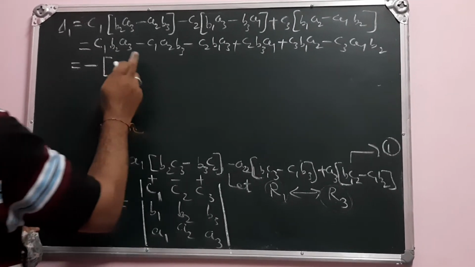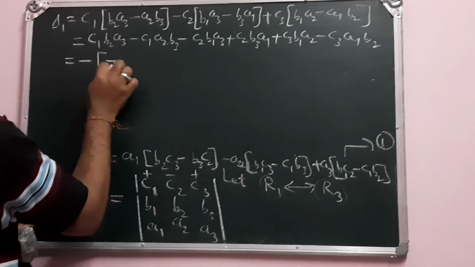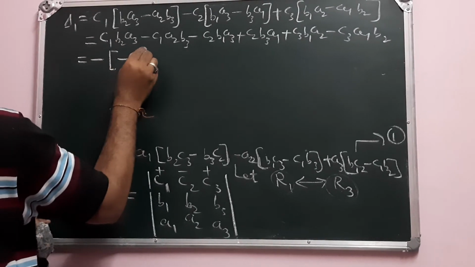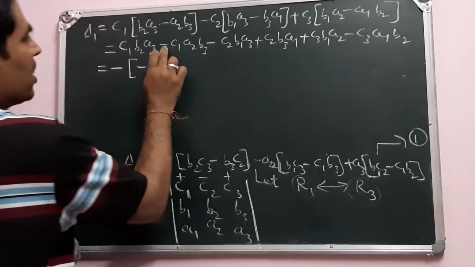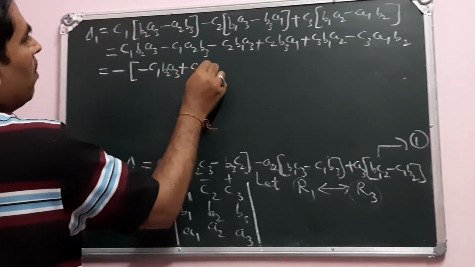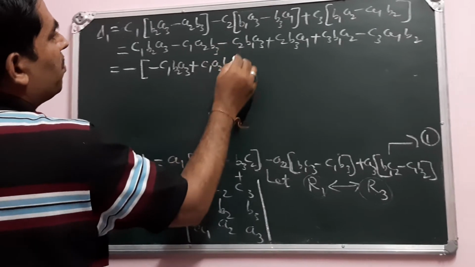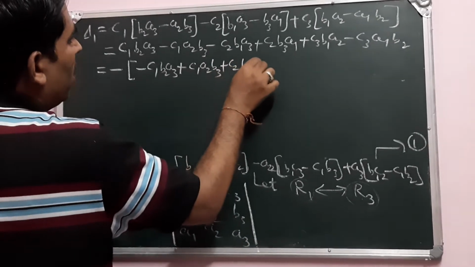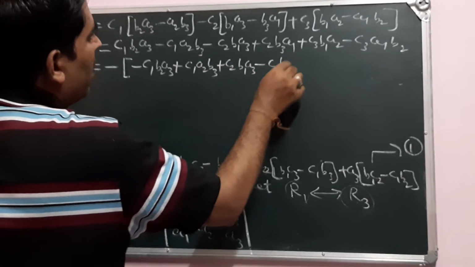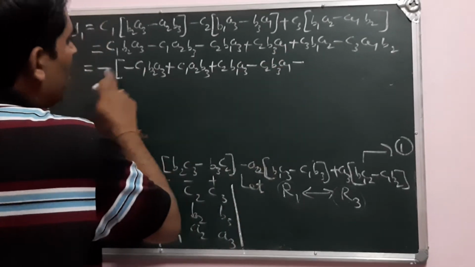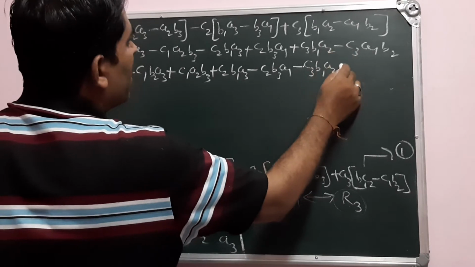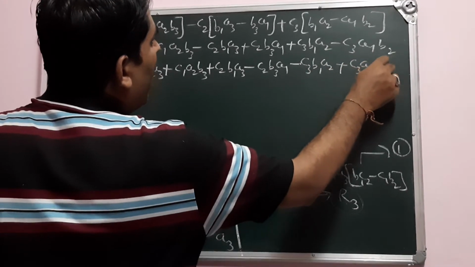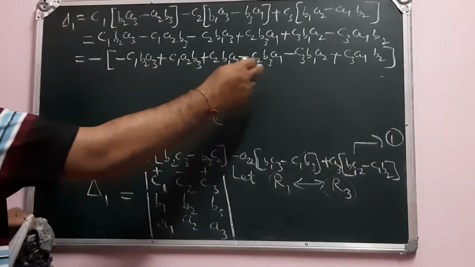Then what I will get is all the signs changed: minus becomes plus C1 A2 B3, plus C2 B1 A3, minus C2 B3 A1, minus C3 B1 A2, plus C3 A1 B2. So just write the opposite signs.